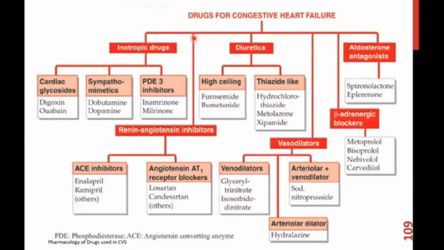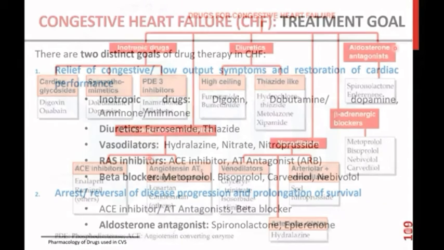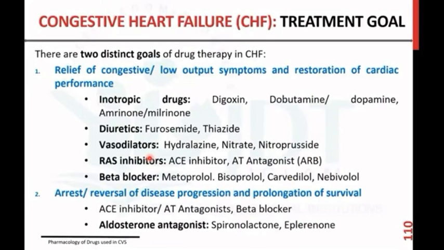Also, dobutamine is an inotropic agent. It is given intravenously in hospitals. So there is a question in GPAT: which inotropic agent is given intravenously in hospitals? The right answer is dobutamine. Next we see the pharmacokinetics of inotropic agents in chronic heart failure.